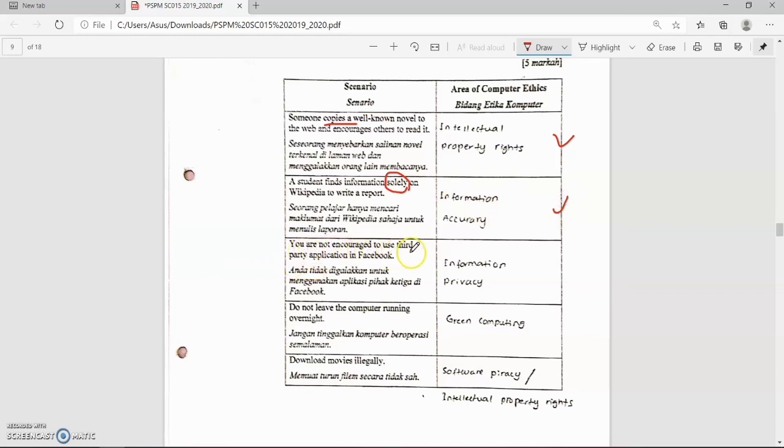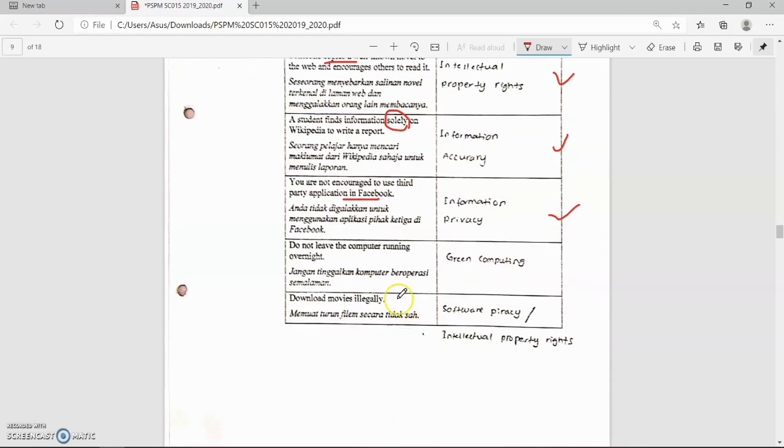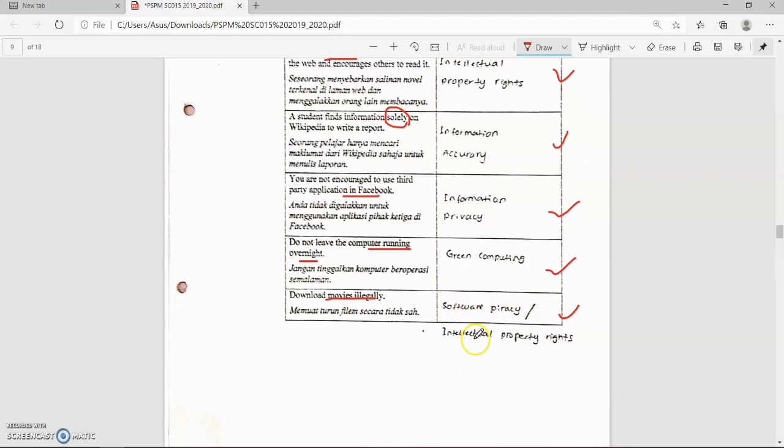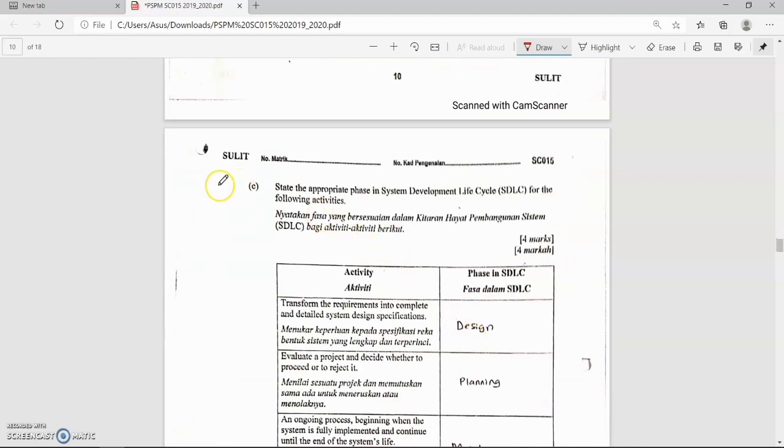You are not encouraged to use third-party applications in Facebook. This one, information privacy. Do not leave the computer running overnight. This one is green computing. Download movies illegally. This one is software piracy or intellectual property rights. You can use everyone.